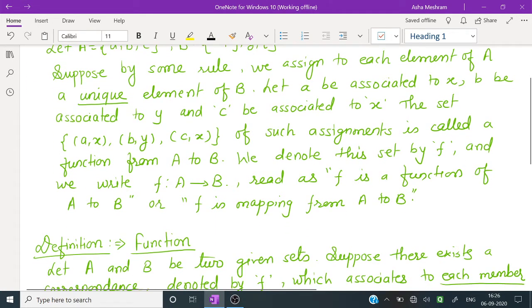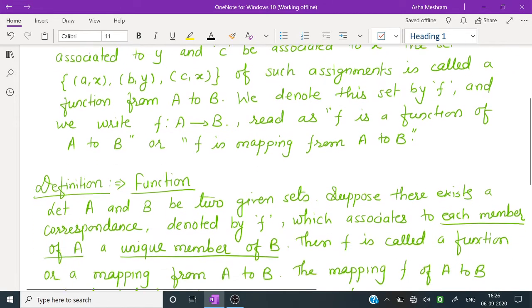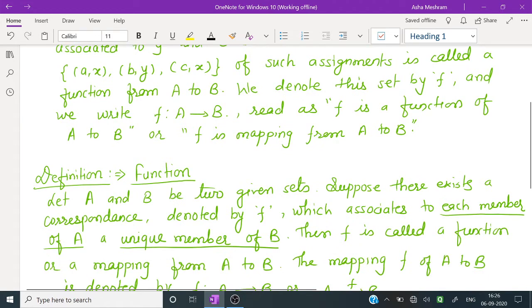To read it: F is a function from A to B, or F is a mapping from A to B. Now we see the mathematical definition of function. To define a function, we require two non-empty sets.